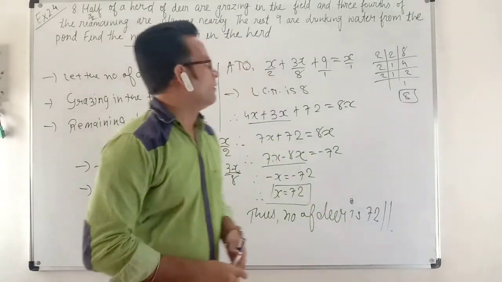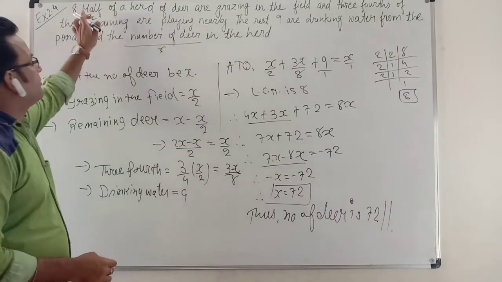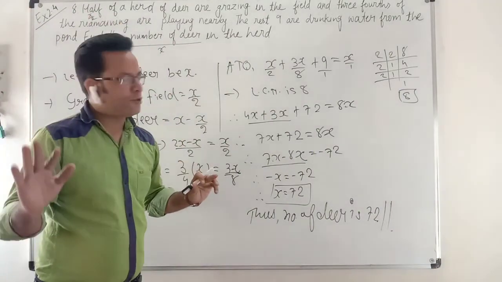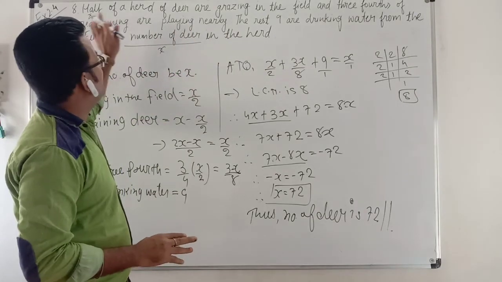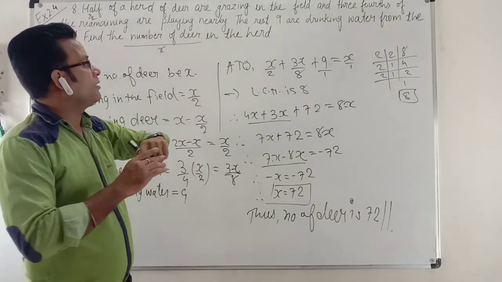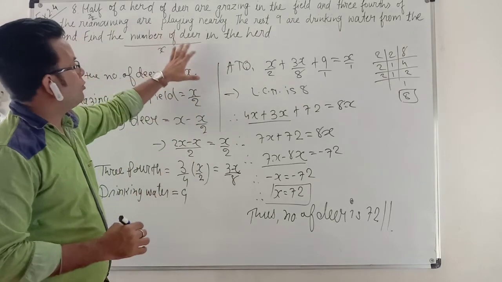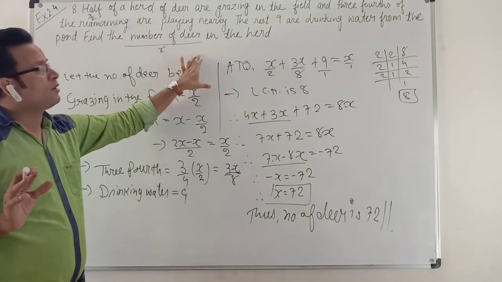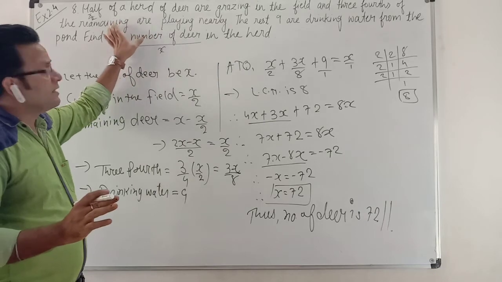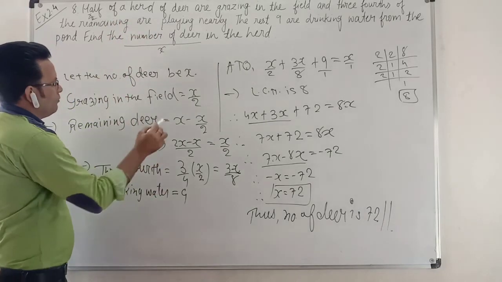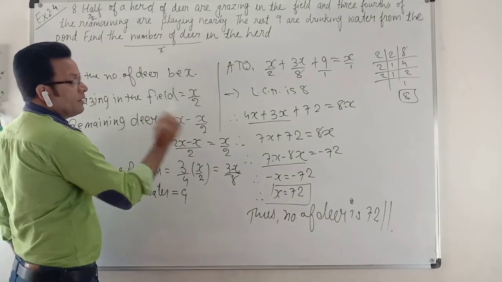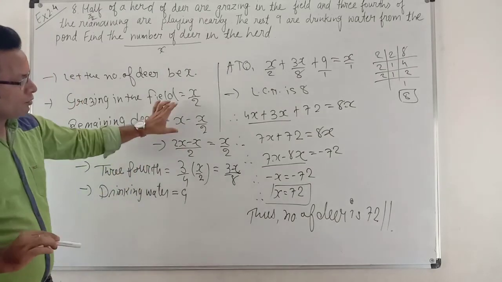Now, grazing deer, that is half, so that will be x by 2. Again, 3/4 of the remaining means what? You have total number of deer x, and grazing half means x by 2, so you have to minus. So see here what we have done, remaining deer means x minus x by 2, because total is x.